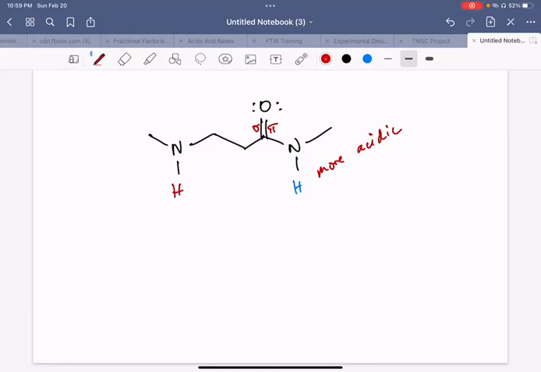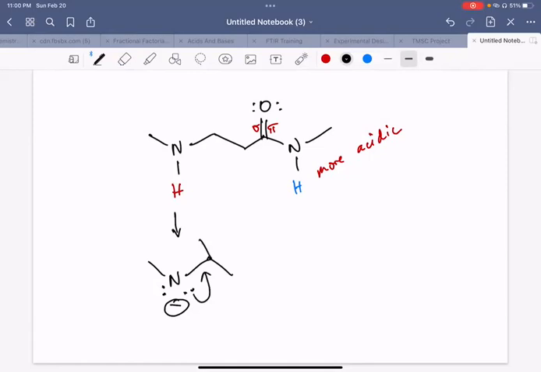And when you draw the resonance structures, you deviate from the octet rule. So if we draw the conjugate base or the anion of this, for example, here, you cannot do resonance because if you do, then you are not following the octet.